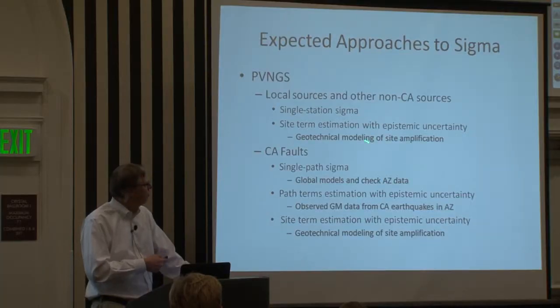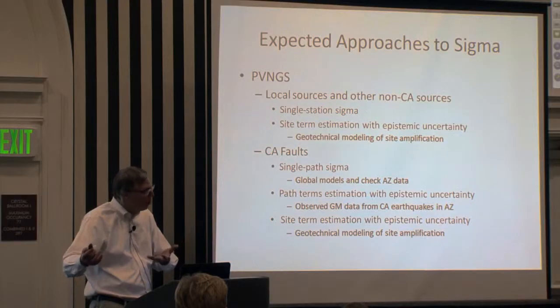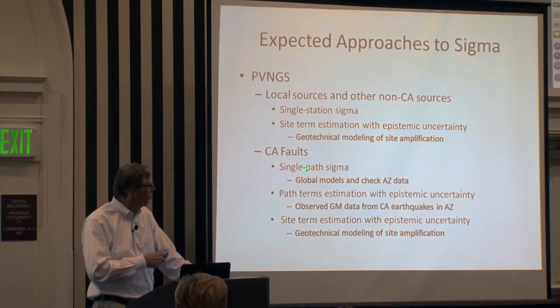We can build geotechnical models and a range of those to capture the epistemic uncertainty. For the California faults, we're looking at running single path sigma with global models, and also we can use the check of the Arizona data to see what those standard deviations are. It's a small subset, but they're consistent with the global model.